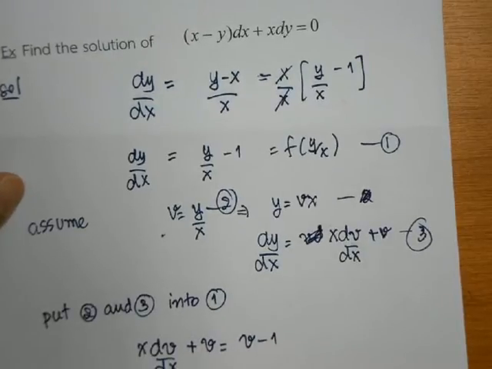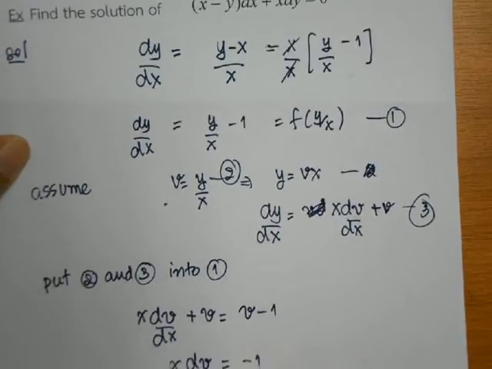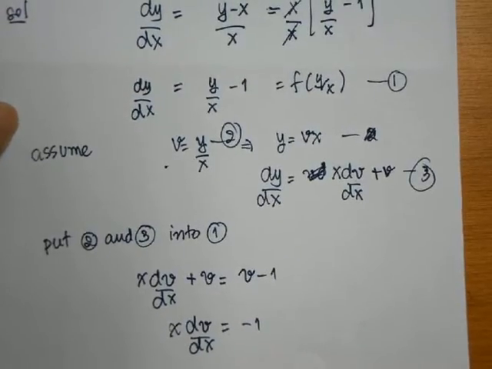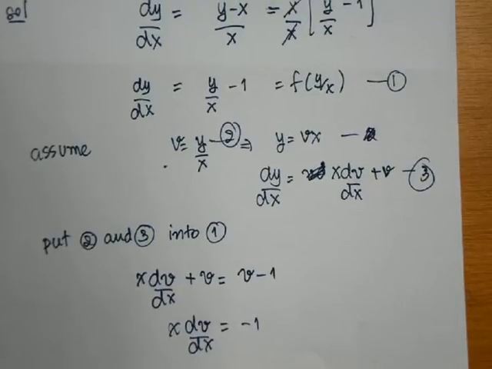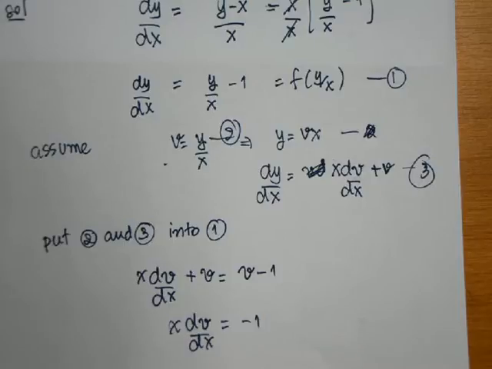Is it a separable equation? Yes, it is. By this assumption, when you change the dependent variable y to v by using the assumption that v is equal to y over x, you can write dy by dx is equal to x dv by dx plus v.